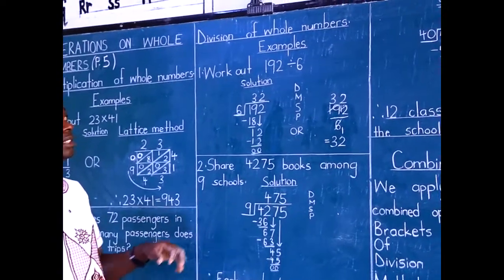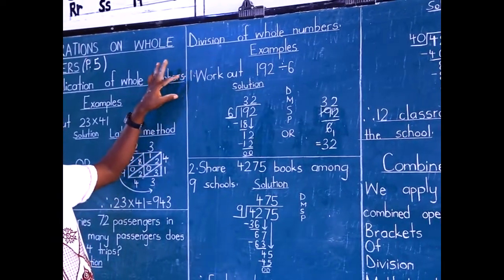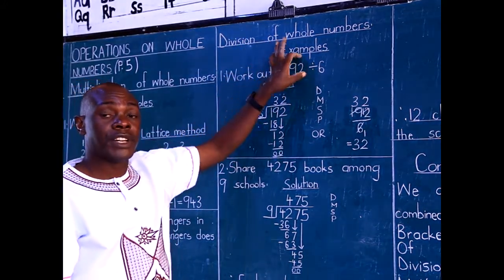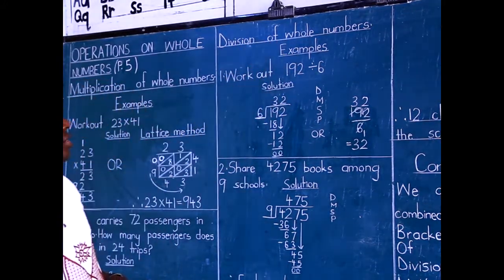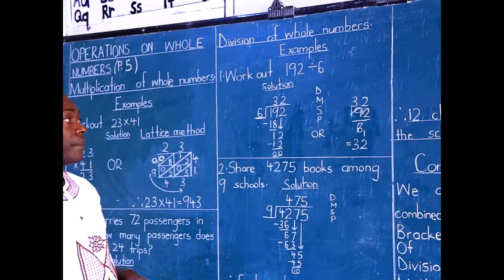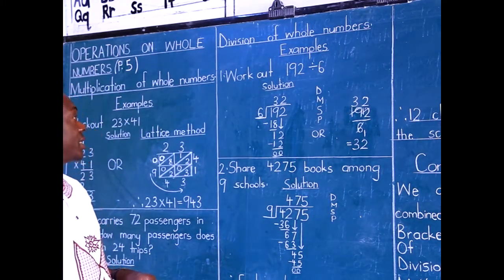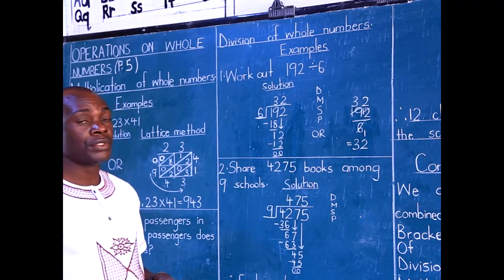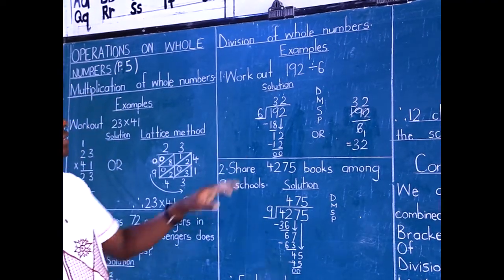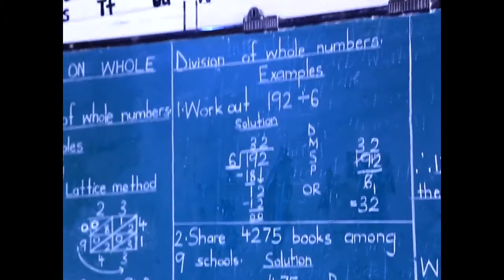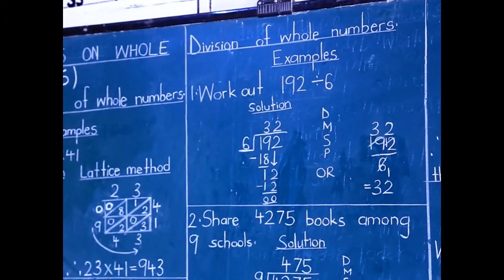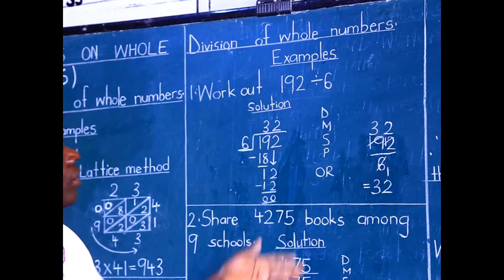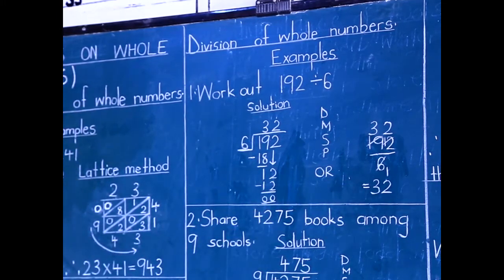And now, the first example says, work out 192 divided by 6. 192 divided by 6. Here, like it was in multiplication, we've got 2 ways of doing it. One, by use of long division, like it was introduced to you in P3 and enhanced in P4, or using the cancellation method.